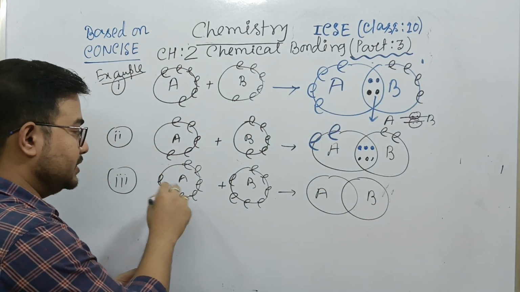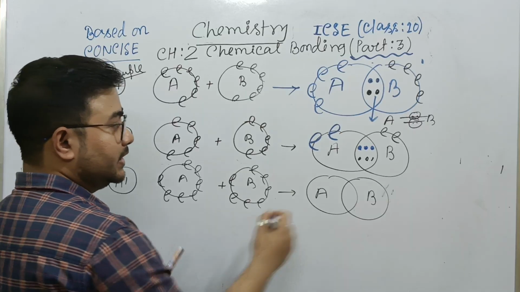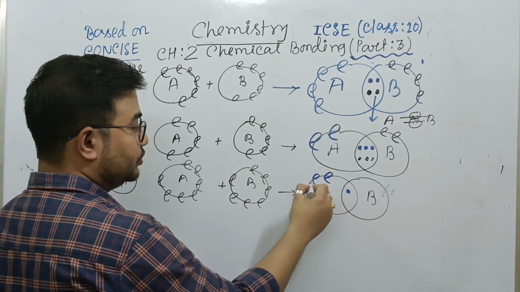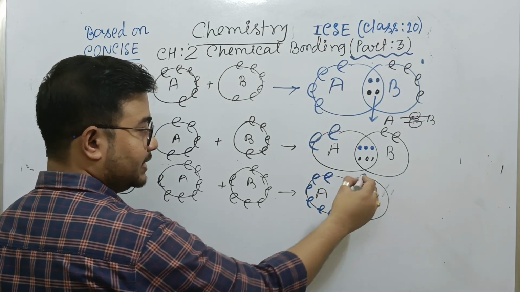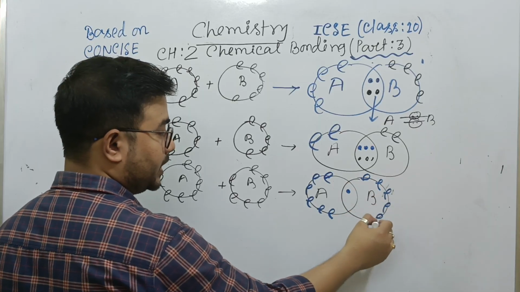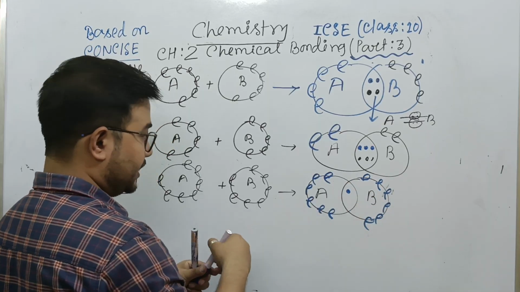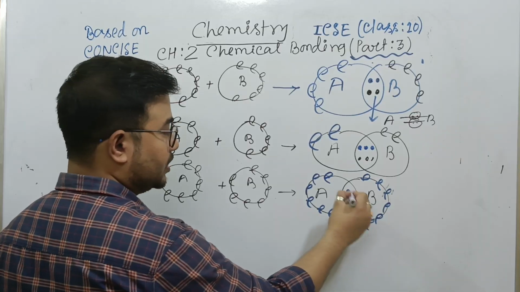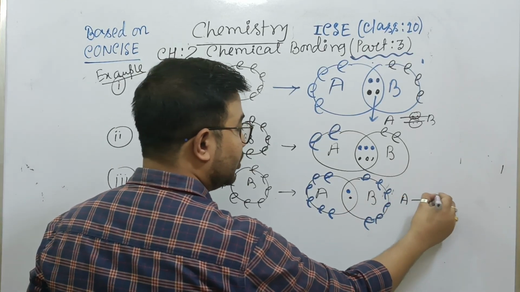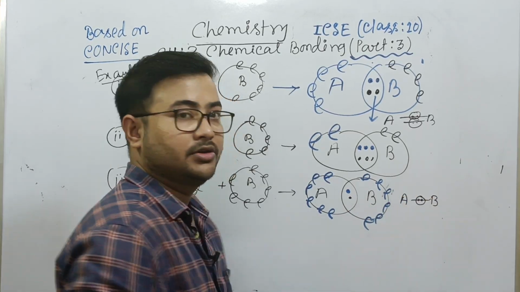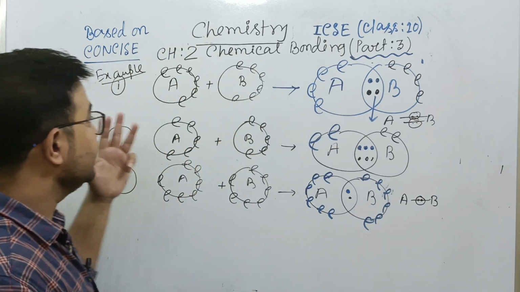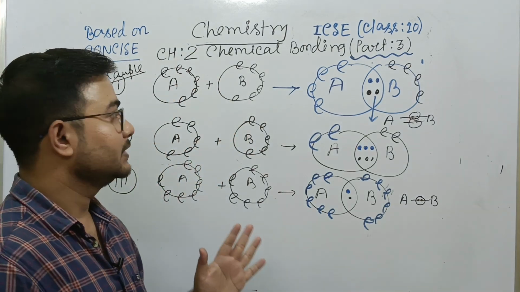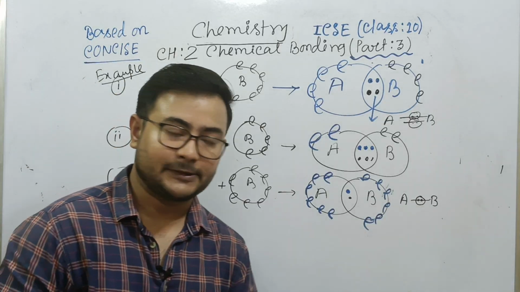How many electrons are required here? 1. So they donate 1. So 1, 2, 3, 4, 5, 6 are left here. 1 is donated here. So how many pairs will form here? 1. So A single bond B. Do you understand? So these 3 are the only possible cases according to our syllabus.